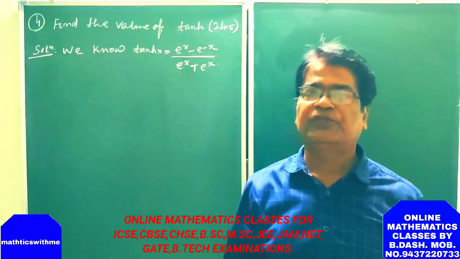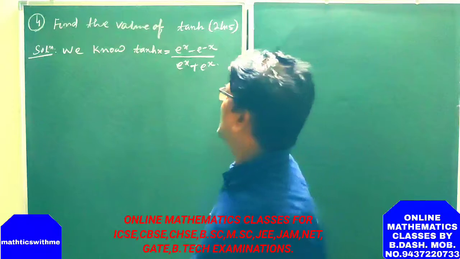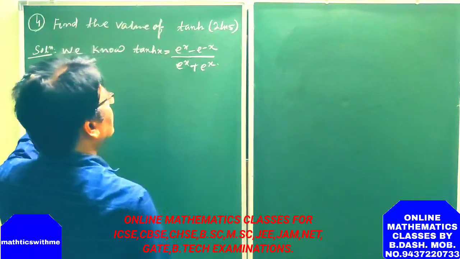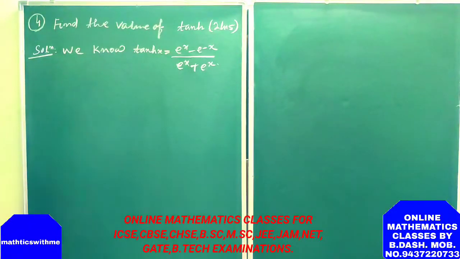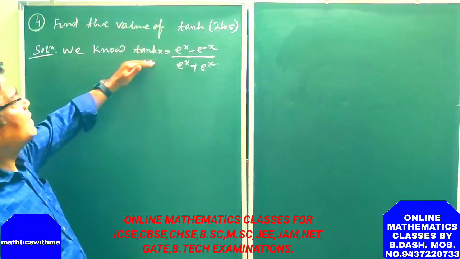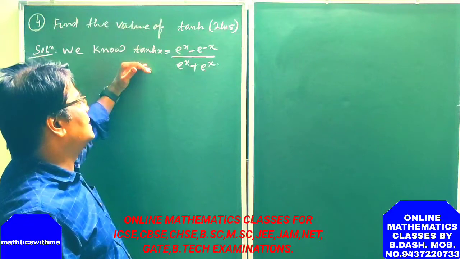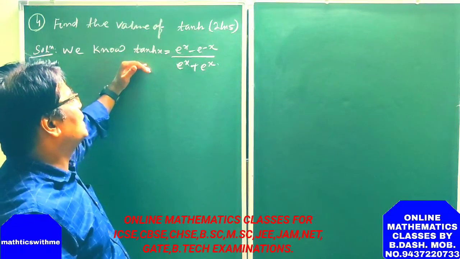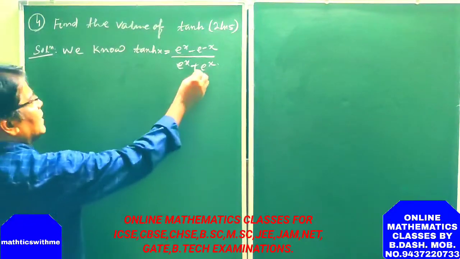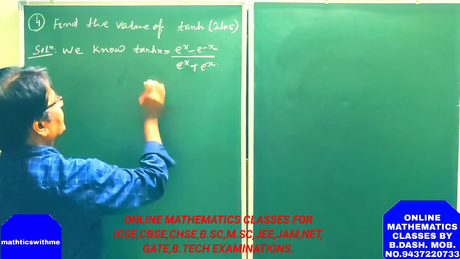Our next question is find the value of tan hyperbolic 2 ln 5. We know tan hyperbolic x is equal to e to the power x minus e to the power minus x divided by e to the power x plus e to the power minus x.